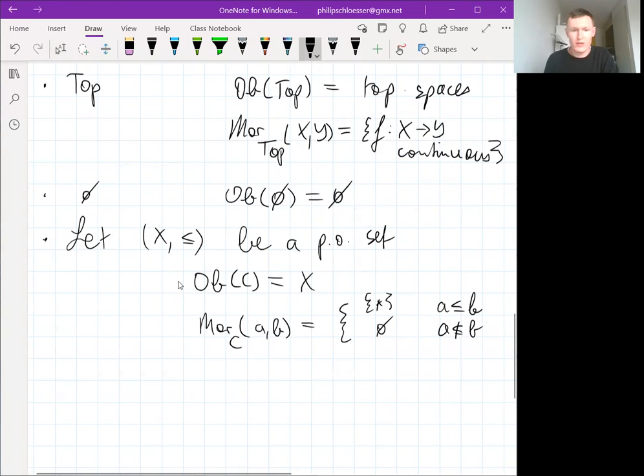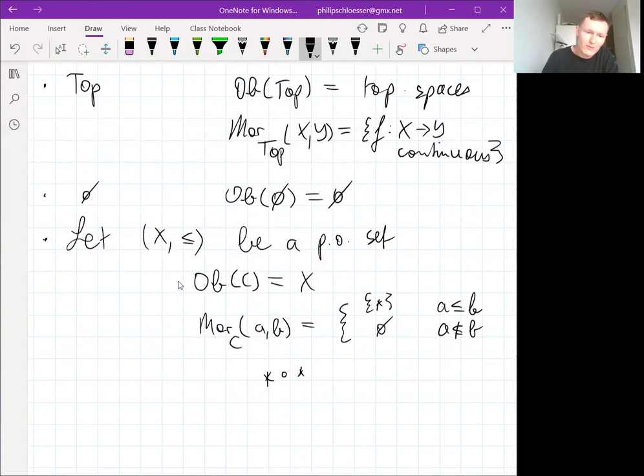And then composition: if you have the one element of one hom set and the element of another hom set and you compose them, you get the element of the target hom set. Otherwise, you're defining a map on the empty set, which is empty.